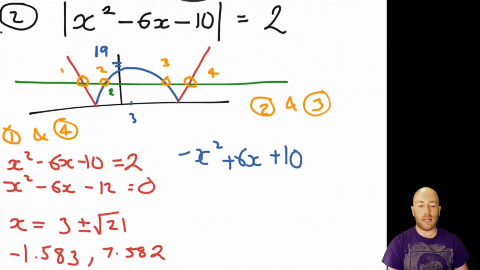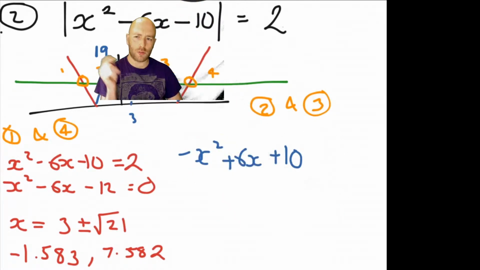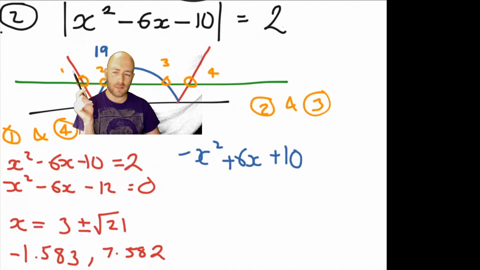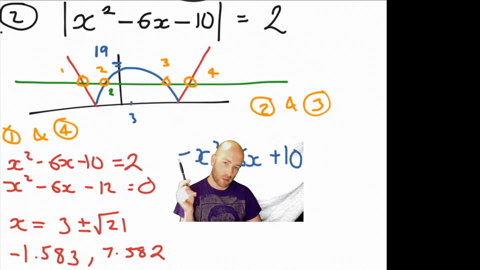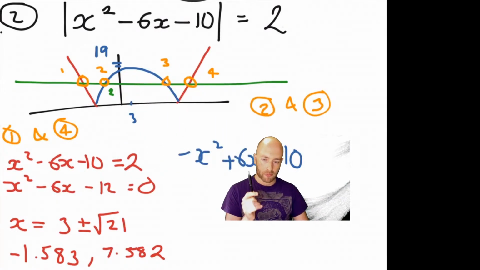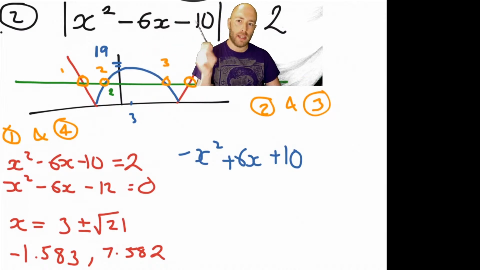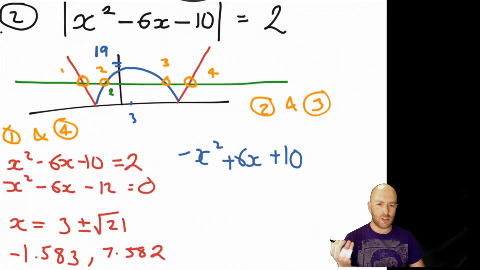Now the plus 6x can be confusing because you think, hang on, if it's plus 6x, surely the minimum point should be negative. But because of the negative out the front, they cancel out, and that's why. So basically, again, we've changed the sign of everything inside the modulus. So you can use that as a rule if you like.